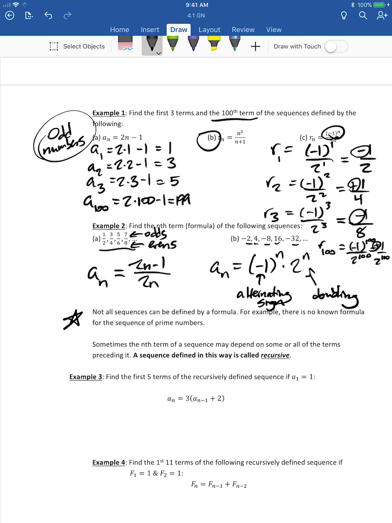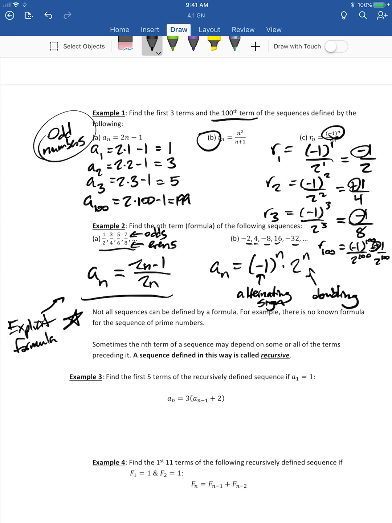Now, sometimes the nth term of a sequence may depend on some or all of the terms preceding it. So, if we don't have a formula like this, what we would call an explicit formula, where all I need is the term number and it gives me the value of the term.